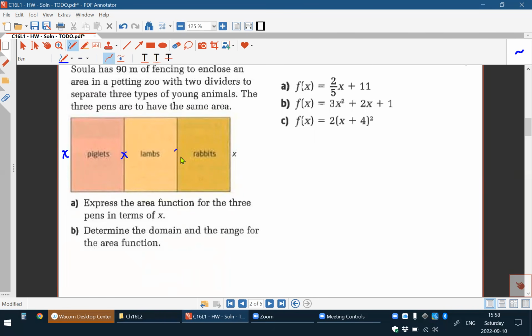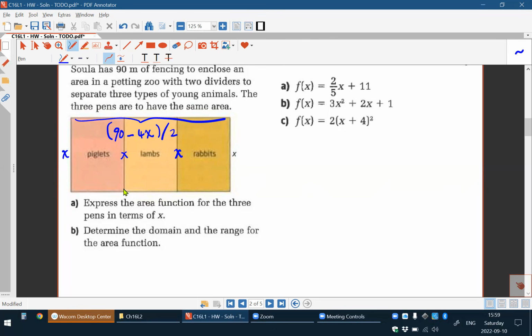This side is x, this side is x. So what is the length here? 90 meters in total, right? Minus 1, 2, 3, 4, 4x. And this number over 2, because you have two sides here, right? It's the length of this side.